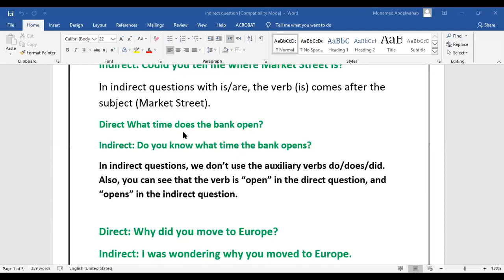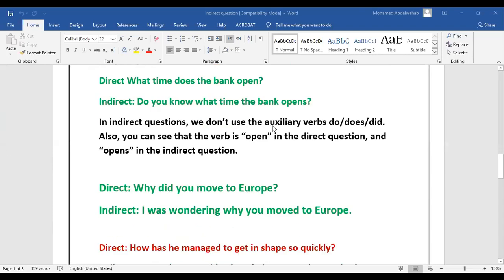If the auxiliary verb is did, لو الفعل المساعد did, omit it, احذفها, and change the verb into the past tense. وغير الفعل للتصريف الثاني. يبقى in indirect questions we don't use the auxiliary verbs do or does or did. Omit them, احذفهم. Okay?